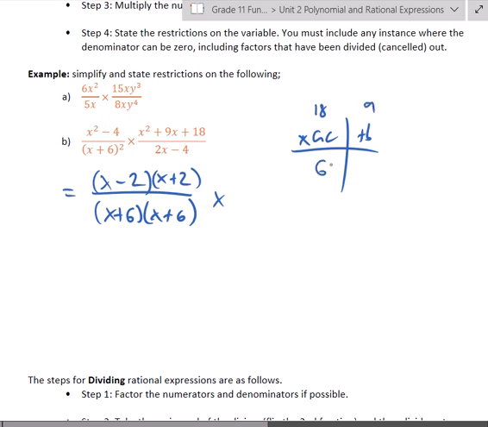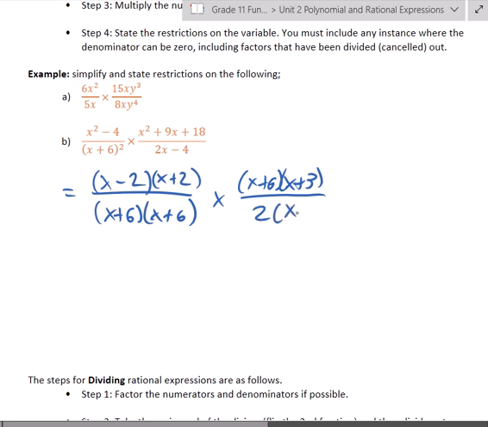And that's going to give us positive 6 and positive 3. So 6 and 3 are our two numbers. So this is now going to give us the expression of x plus 6, x plus 3, all over 2x minus 4. And in 2x minus 4, we can common factor a 2 right there, so 2 times x minus 2.